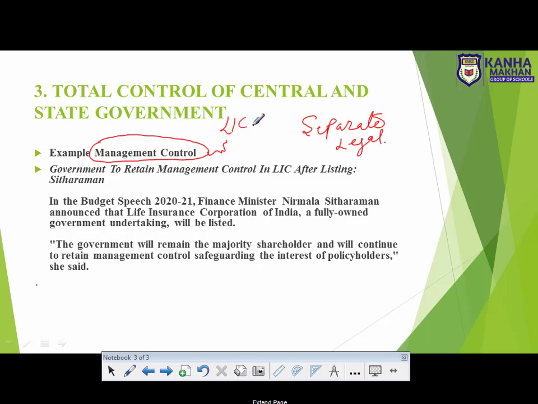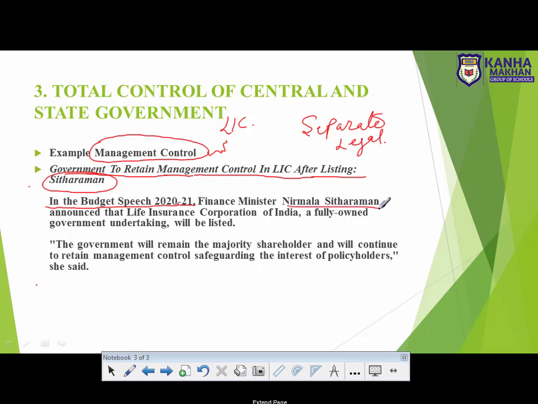According to this article, the government is trying to retain management control of LIC after going through their activities. This statement was given by our finance minister, Nirmala Sitharaman, in the budget speech of 2020-21.